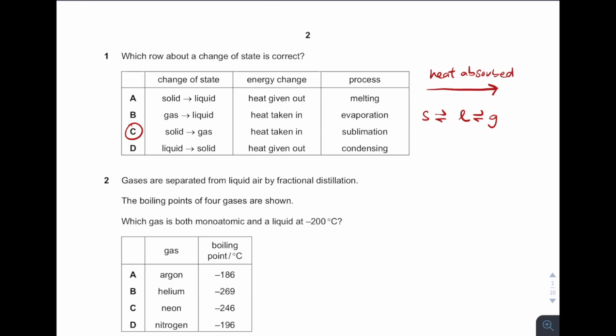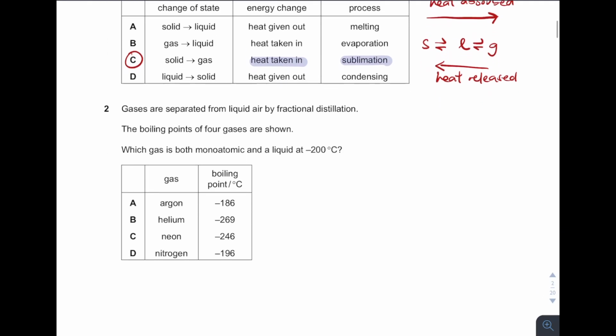From right towards the left, from gas back into liquid to solid, heat is released to form the forces of attraction. So heat energy is taken in. From solid straight away to gas is what we call sublimation.